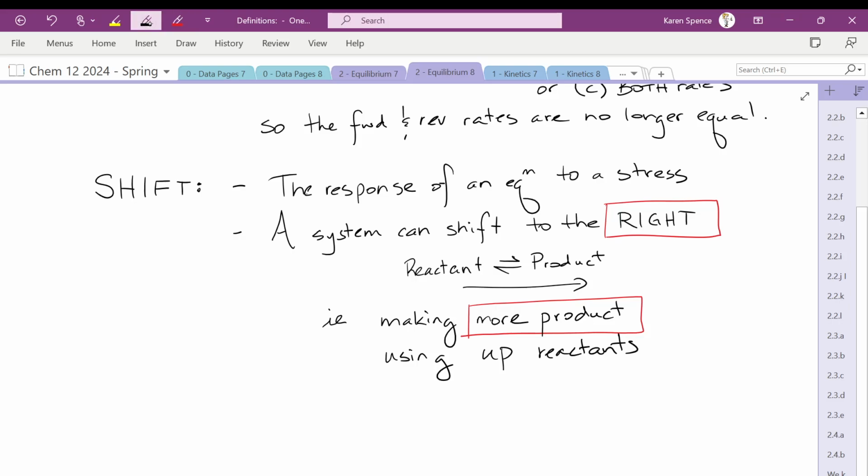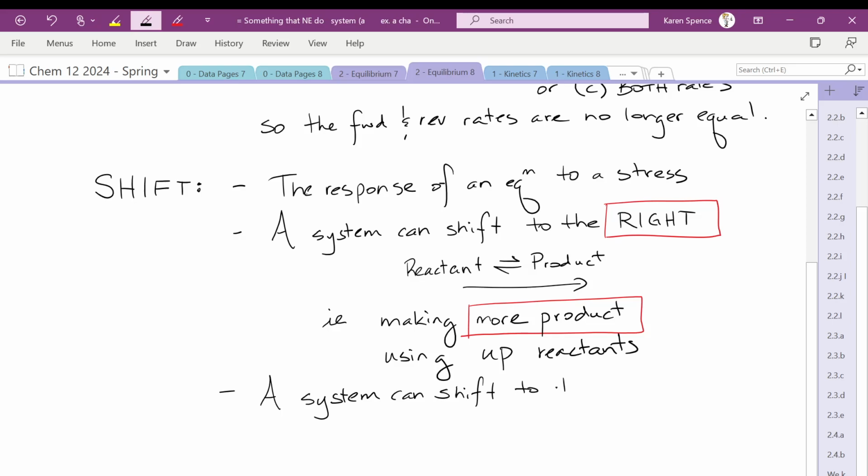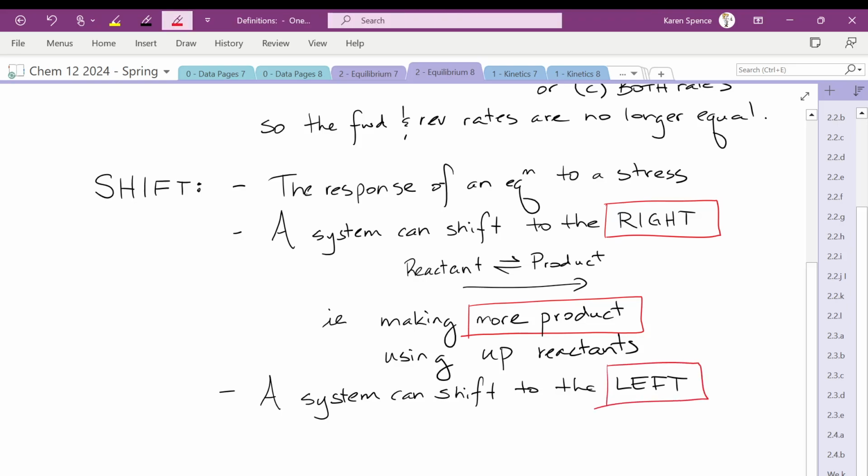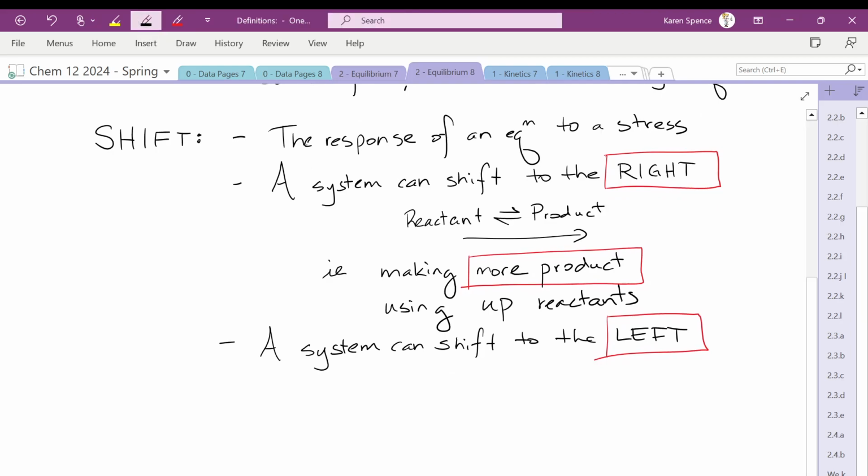What would the converse situation be, the opposite situation? A system can shift to the left, and if we're shifting to the left, which way are we going?